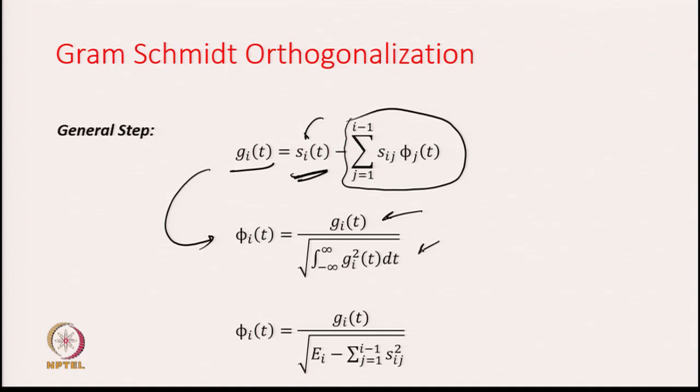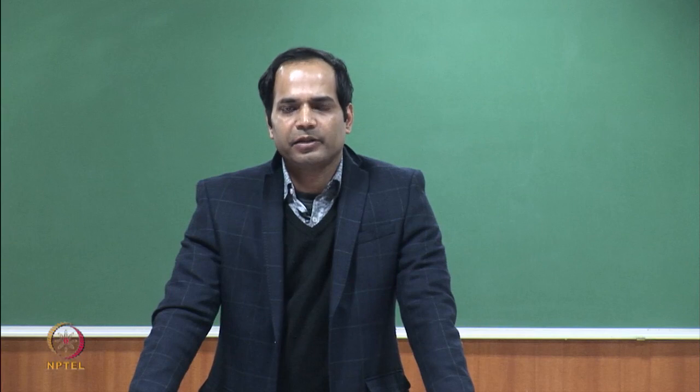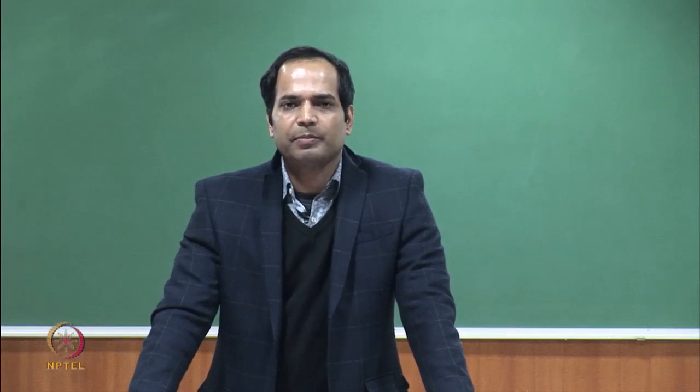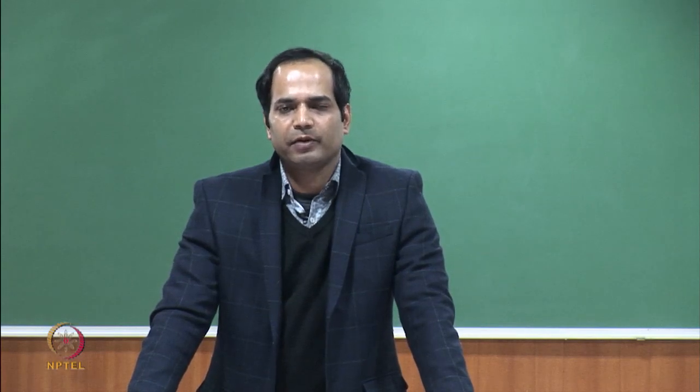And as we have worked out, this expression is also the same as this quantity. So, using this idea of orthogonalization, you can obtain various basis functions for the orthogonal expansion of a signal. The basis functions that we have calculated are orthonormal basis functions.